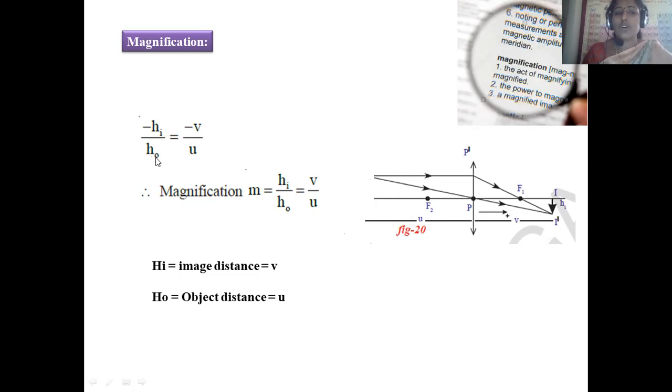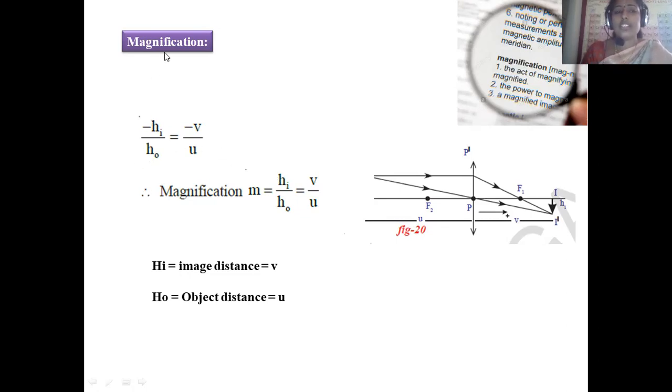And HO is nothing but the height of the object. The distance PO is denoted with U. So here the negative term on the left side and right side, both got compensated, right? Object distance is called U and the image distance is called V, right?